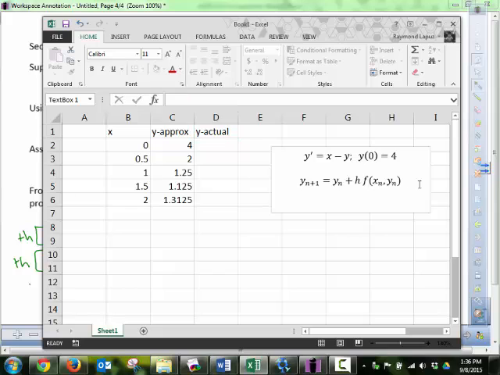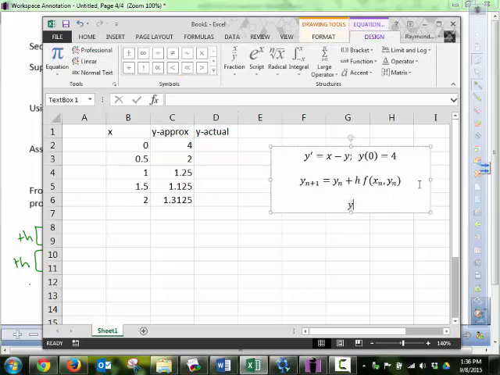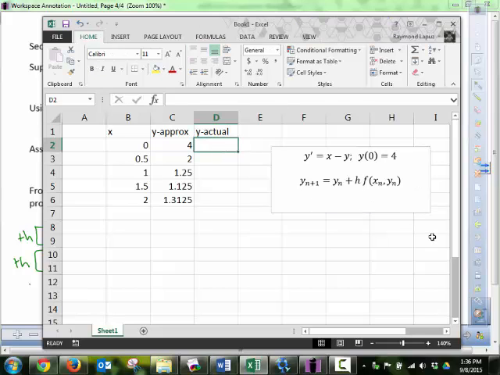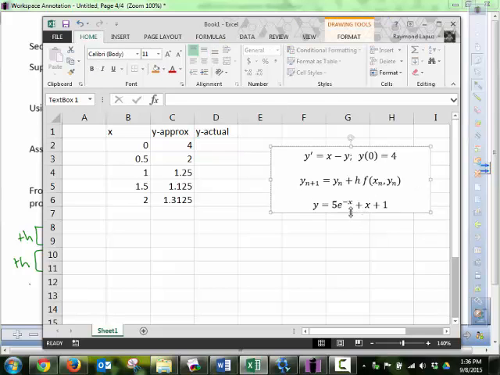The actual solution to this, again, Elliot, y is equal to x plus 1. Did I do that right? Minus 1.